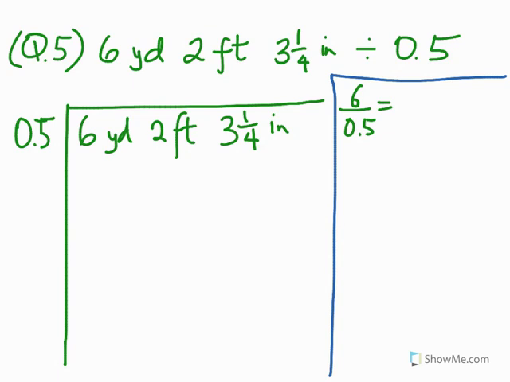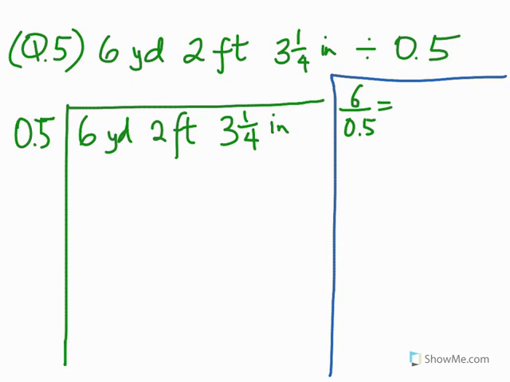In this case, when we divide by this, we want to make the 0.5 a positive integer, a whole number, which is 5, right? For 0.5 to become 5, we have to multiply it by 10. So whatever we do to the denominator, we have to do to the numerator.